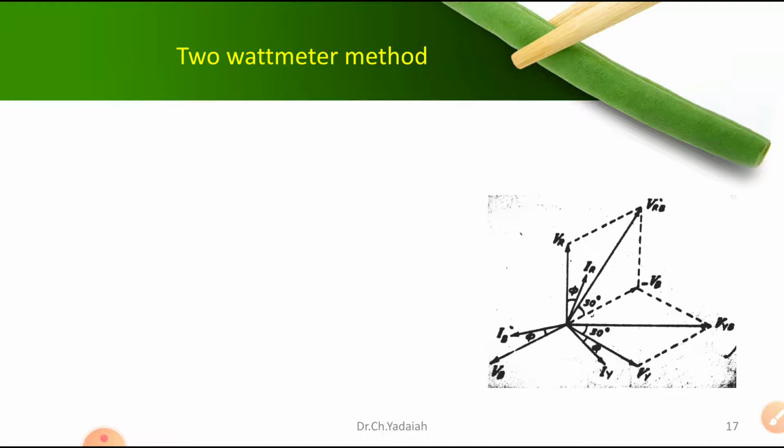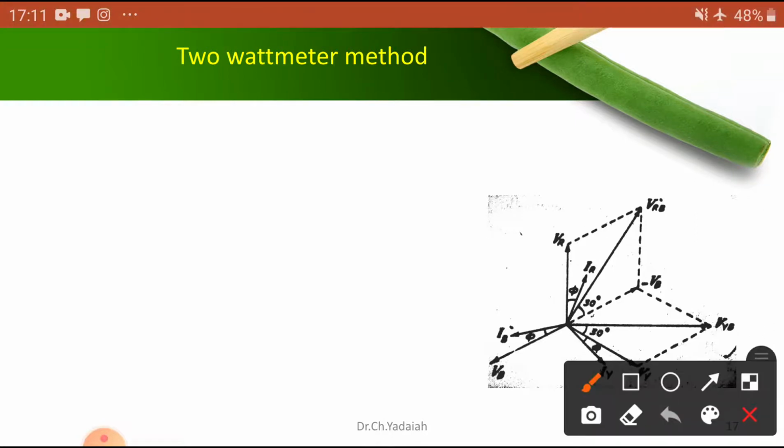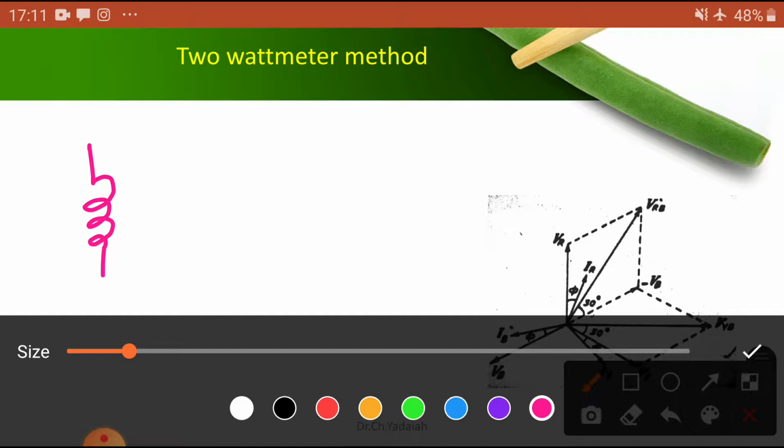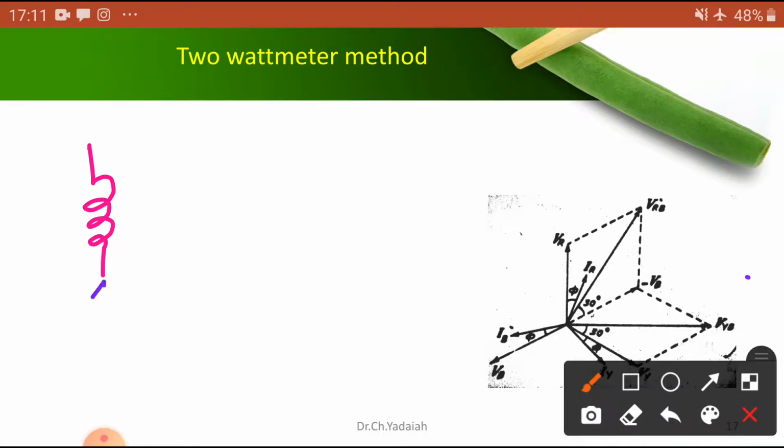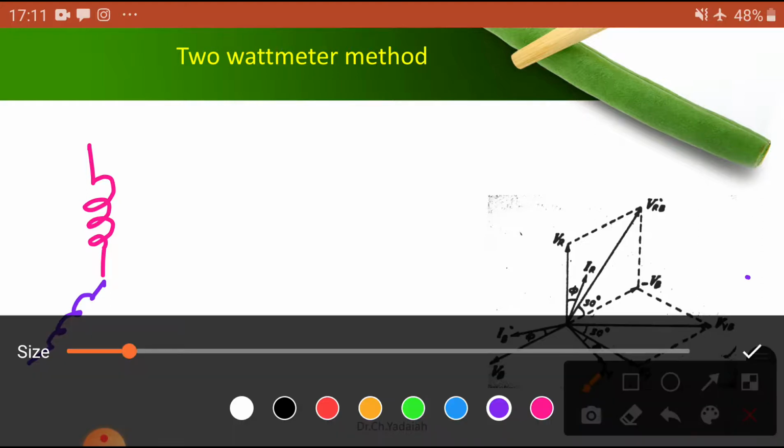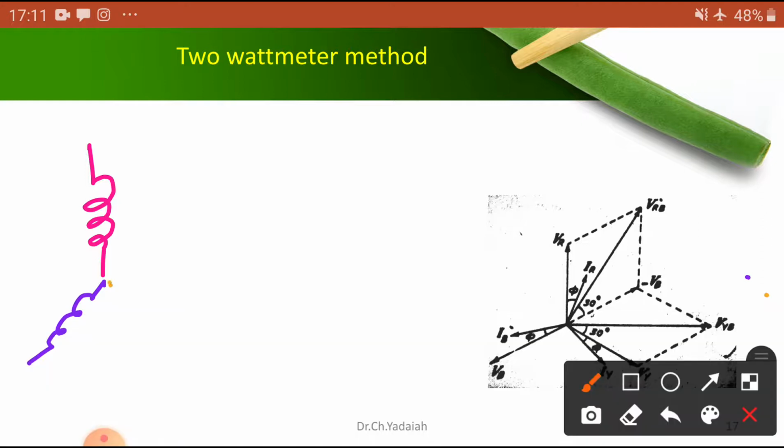For easy understanding, take a star connected load, for simplification. Then how are we going to write it? Here the R phase is connected, this is connected to the Y phase, and this you take as another phase.